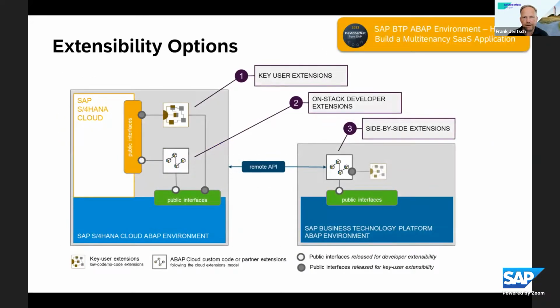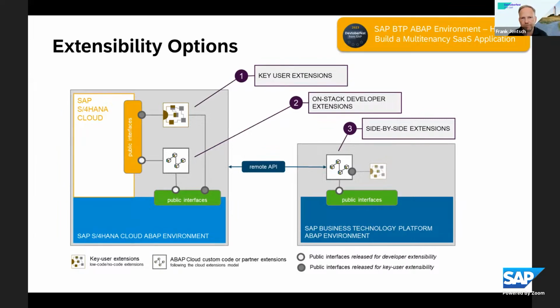I would quickly explain the different extensibility options from a core application, from an S/4HANA Cloud perspective. This was also introduced and explained in another session, but I would like to set the scene for where my session is focusing.